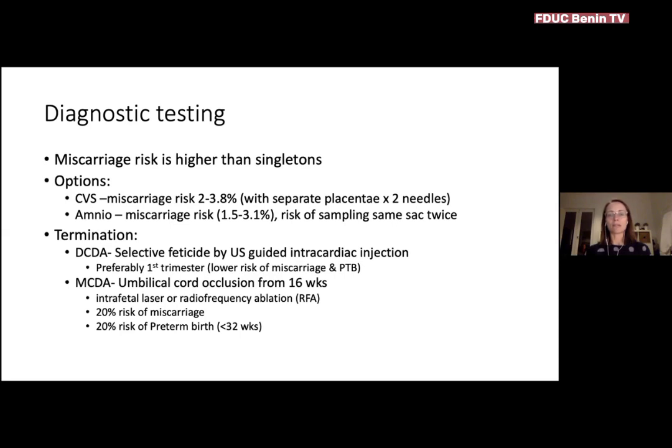And both of those techniques are more invasive than an intracardiac injection, because the caliber of the instruments used is bigger. And that leads to a higher risk of complications, so at least a 20% risk of miscarriage of the whole pregnancy, and a 20% risk of preterm birth less than 32 weeks. So quite significant risks to the other healthy twin, which makes it a really difficult decision for most parents.